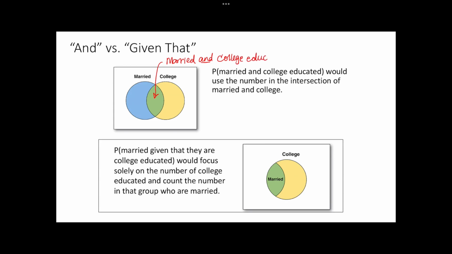When we look at conditional probabilities, so the probability that they're married given that they are college educated, here we're going to focus in on the bottom here in this college educated circle, and then we're going to find the probability that they're married once we focus in on that circle. So we're just looking at this bit.